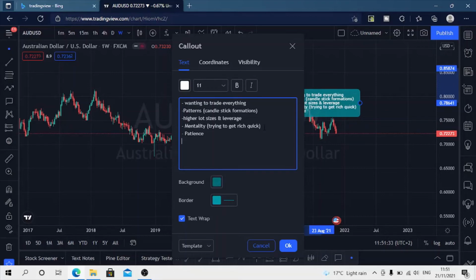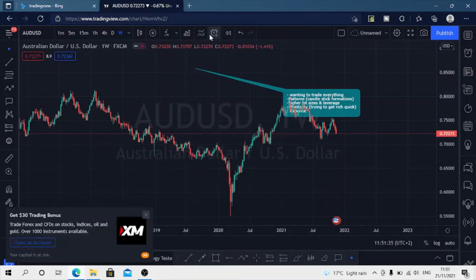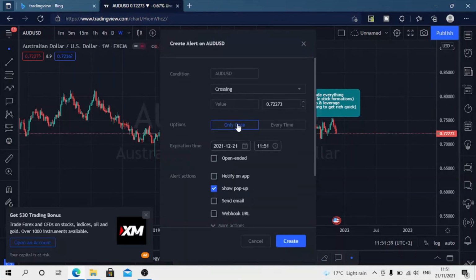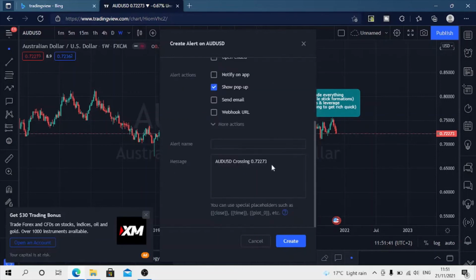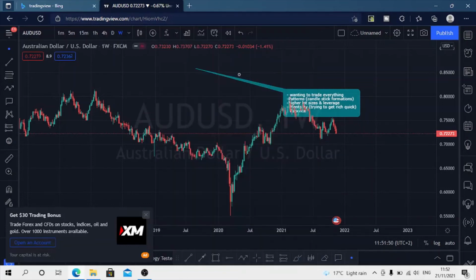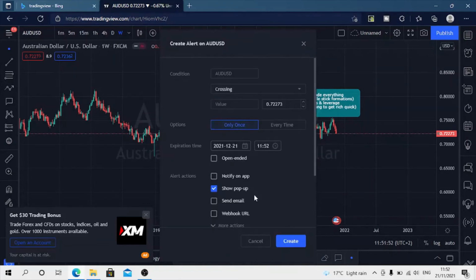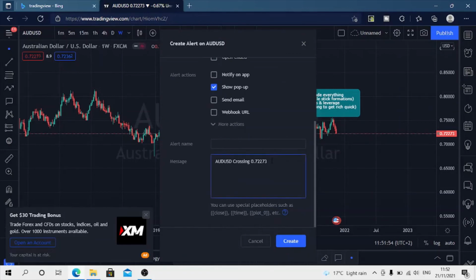So what we can do, for those of us who aren't patient enough, is start placing alerts. Alerts will actually help you, so that by the time price reaches your certain level, you are able to give yourself a small message. It's crossing that level. Wait, let me just cancel this. Let's start one more time. Right, perfect. Now price is crossing this particular level, and then I give myself a small message.